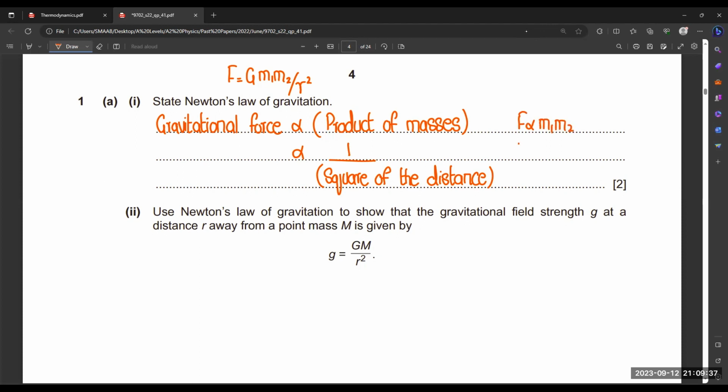Directly to the product of masses, inversely to the square of the distance, right? Any confusion?